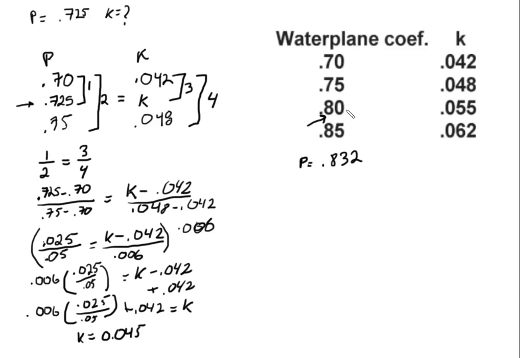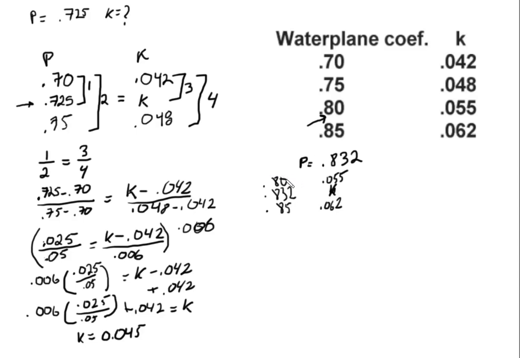So I'm going to do 0.80, 0.832, 0.85, that's my P. My K is going to be 0.055, and I'm looking for that K between that and 0.062.